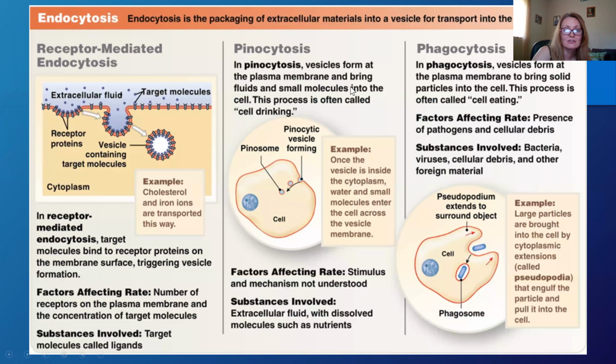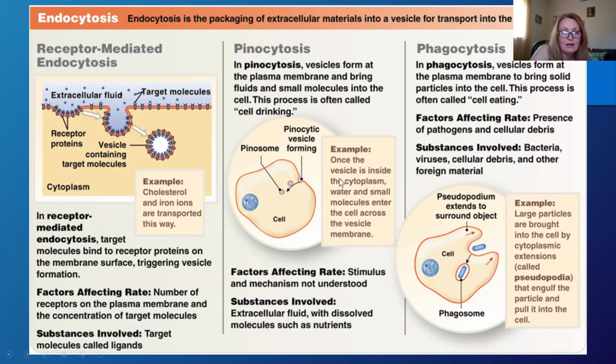So let's start with pinocytosis. In pinocytosis, vesicles form at the plasma membrane and bring fluids and small molecules into the cell. Very often, this process is called cell drinking. You can see over here, a small little vesicle is formed from the membrane and stuff is moving inside the cell within this pinosome.